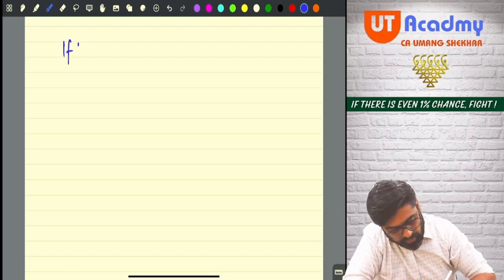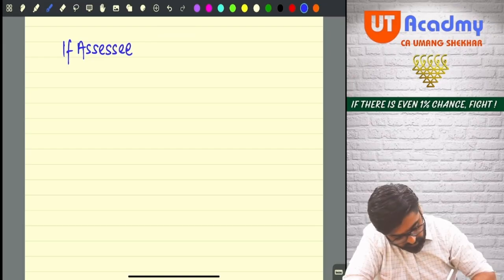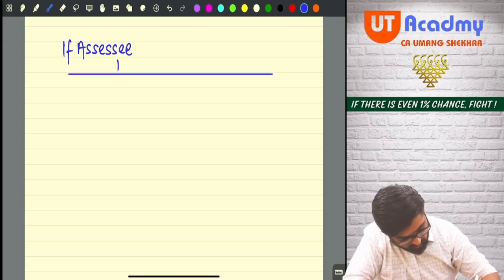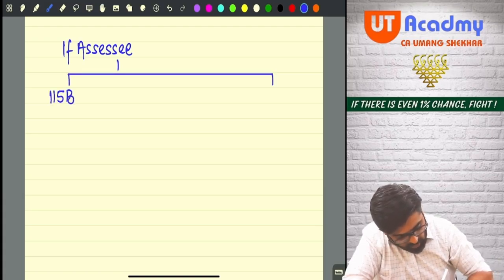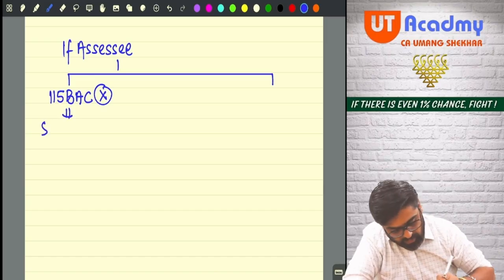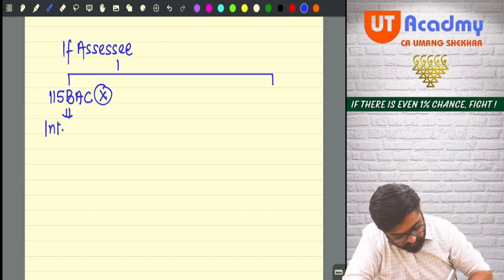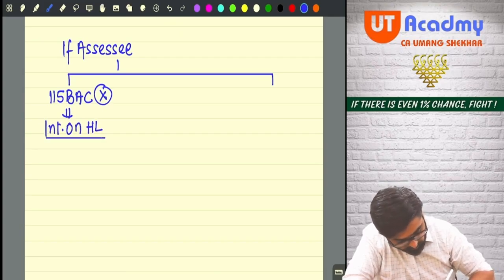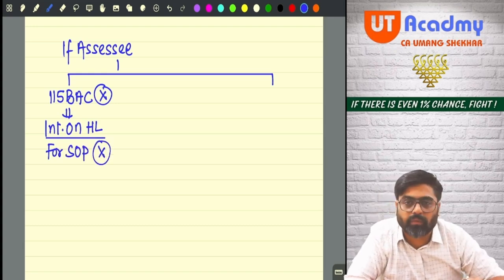If assessee does not follow 115 BSE, meaning he is coming out of 115 BSE, then interest on housing loan for SOP will be allowed.